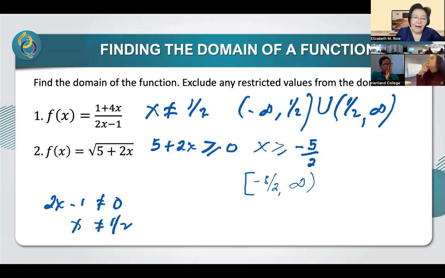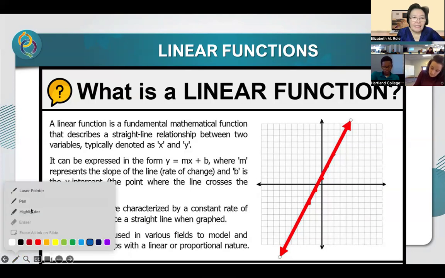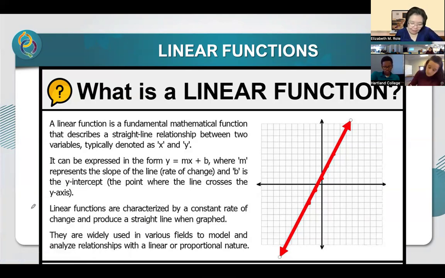All right. So as I mentioned, we already talked about lines previously. We have learned also about the slope-intercept form of the equation of a line, which is y is equal to mx plus b. We have learned this previously.